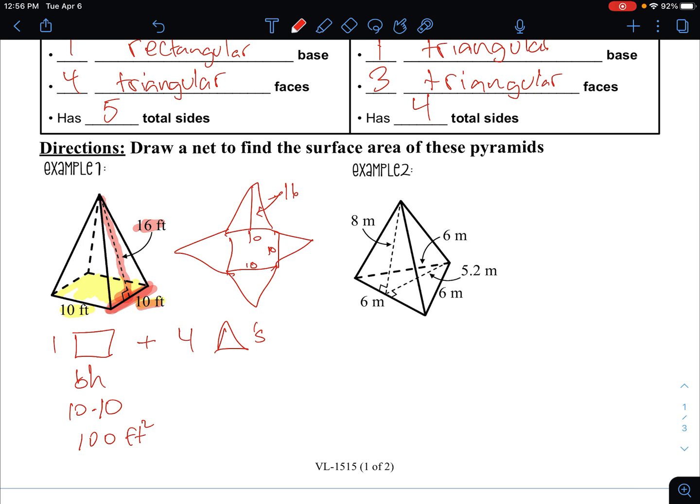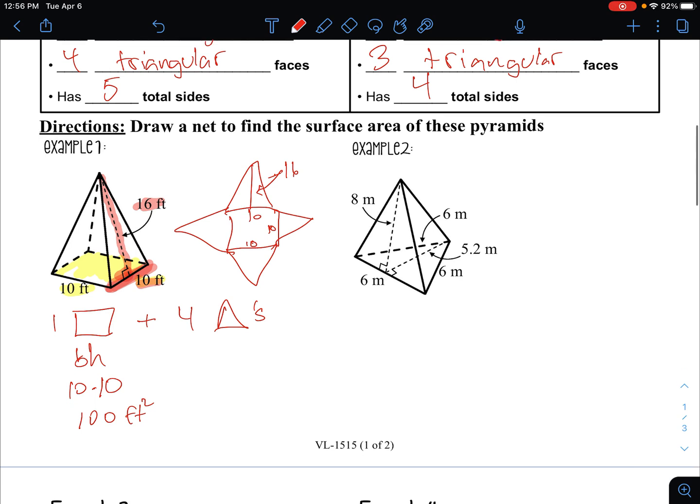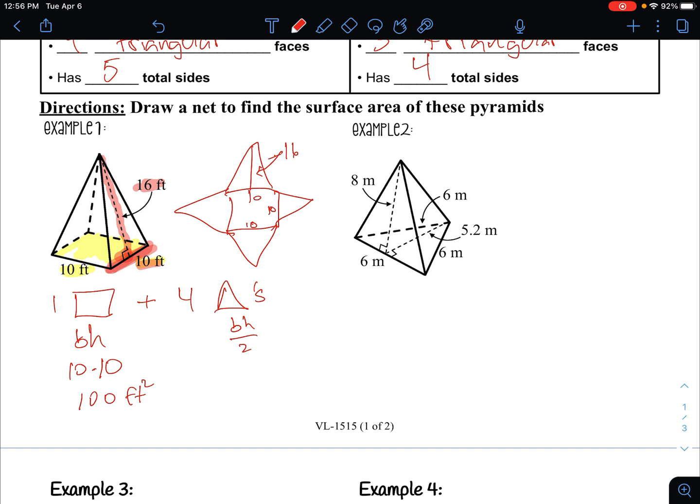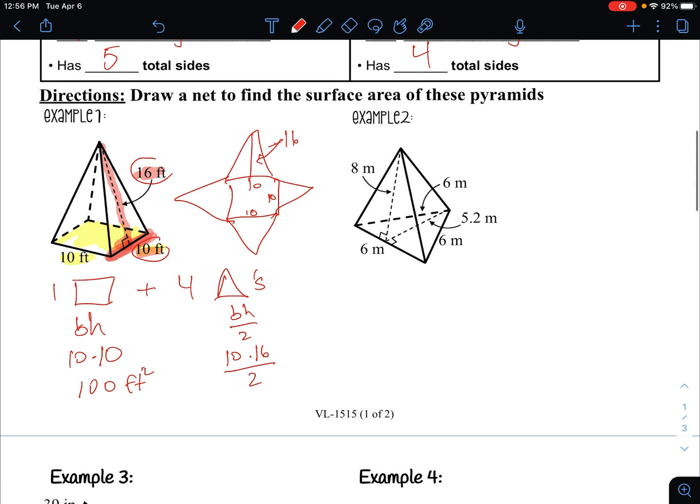We have 4 triangles, and the formula for each is base times height divided by 2. We know the base is 10 and the height is 16, so 10 times 16, and we need to divide it by 2. You could do some reducing if you want, but once you put that in your calculator, you find out that the area is 80 feet squared.